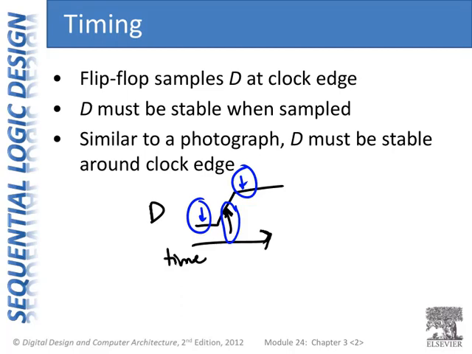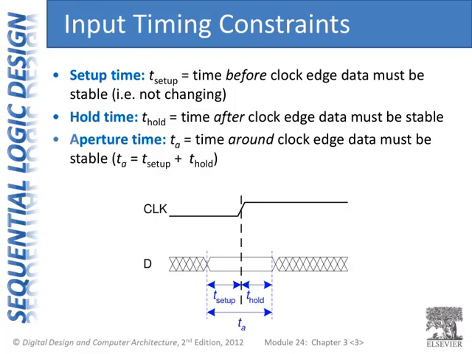Okay, so let's talk about how we can make sure that D is stable. So we look at our clock. Here's our rising edge of our clock. And we want to make sure that D, here's D, is stable. We want it to be either 1 or 0. It doesn't matter which one. We want it to be 1 or 0 at the sample time, so at the clock edge.